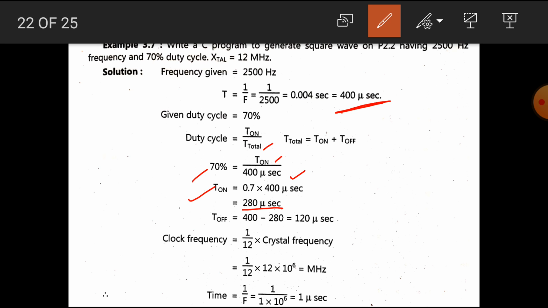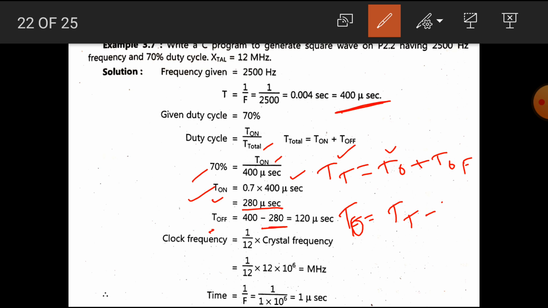From T on we can calculate T off as 400 minus 280, because T total is equal to T on plus T off. Now we know the value of T total and T on, so we can find T off as T total minus T on.